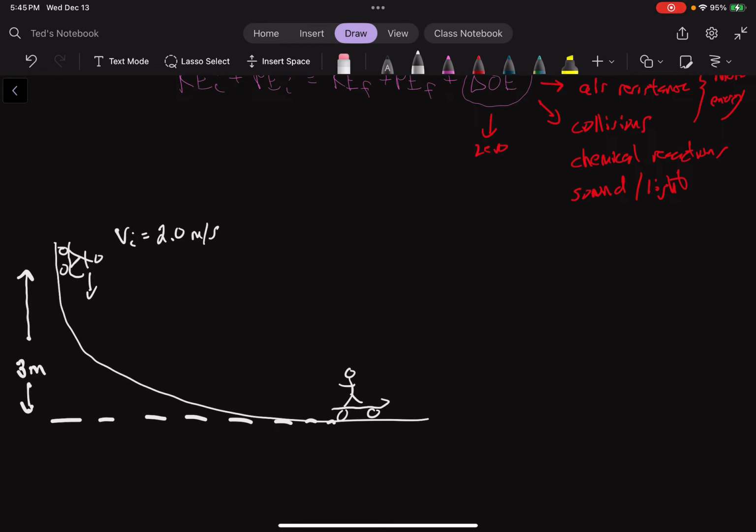And then the question we have is, how fast is he moving when he gets to the bottom of the ramp? And the problem is going to tell us, assume no friction and no air resistance.